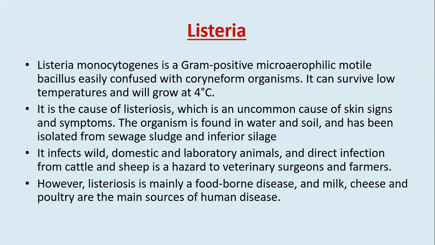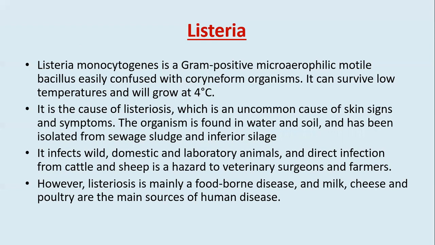The organism is found in water and soil and isolated from sewage, sludge, and inferior silage. It infects wild, domestic, and laboratory animals, and direct infection from cattle and sheep is a hazard to veterinary surgeons and farmers.